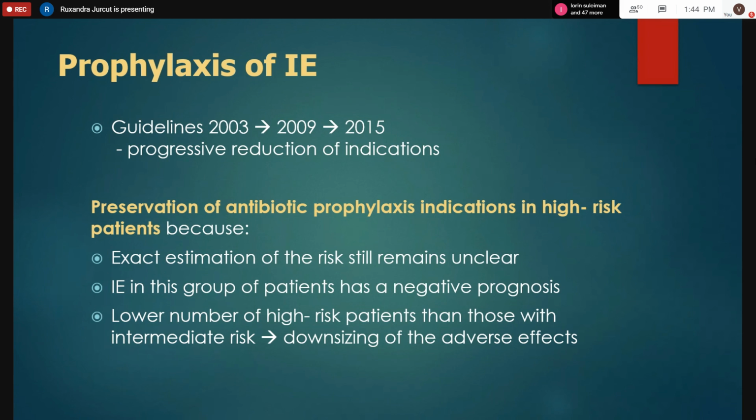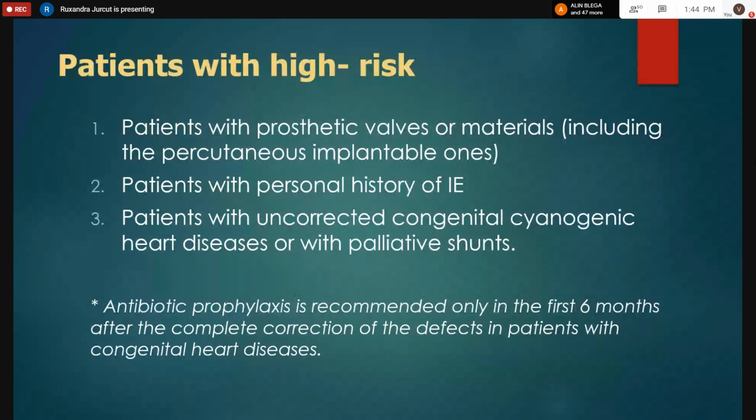In infective endocarditis, knowing which are the categories of patients mostly at risk, we can use some prophylactic methods. And the prophylactic methods evolved a lot during the last 2 decades. And of course, you should now know which are the current indications. And the current indications are restricted to patients at very high risk.